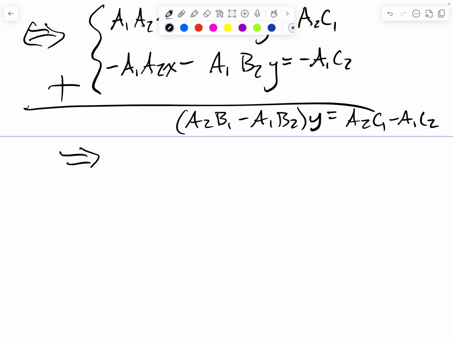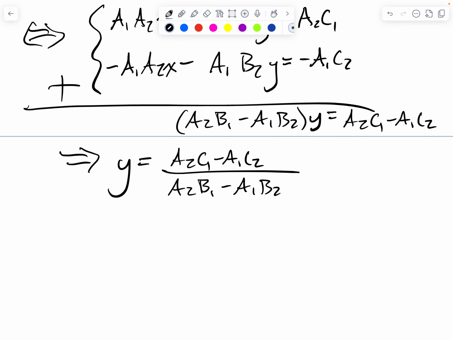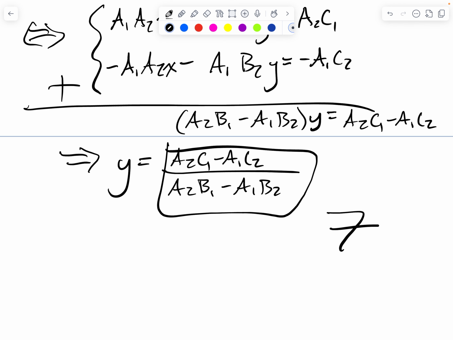Therefore, the y is this guy, divided by this number. That's our y value. Now, that's its name. It's no different than this. It just takes more pen strokes to write its name down. All right, so that's it.